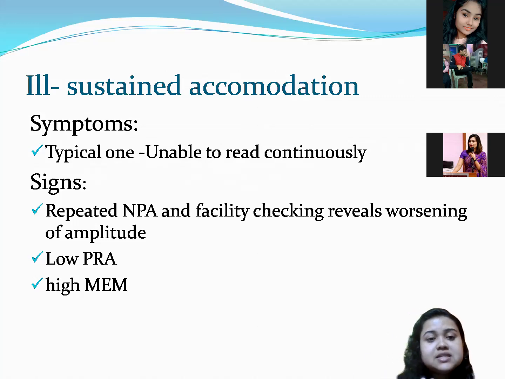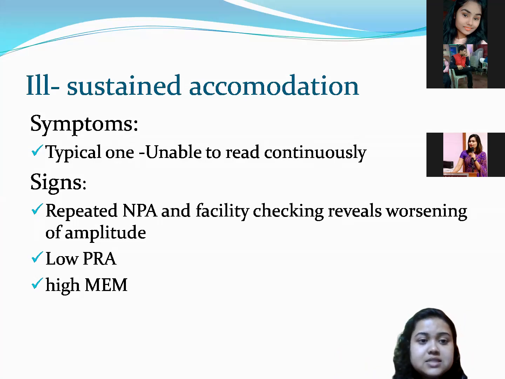Suppose you need to have a 12 diopter accommodation in the amplitude of accommodation, which we measure with the RAF ruler. If you are testing the amplitude of accommodation, you have got 12 diopter, 12.5 diopter, 11.5 diopter, whatever. So he is having a normal accommodation, but he cannot sustain the accommodation for long. That is the ill sustained accommodation.